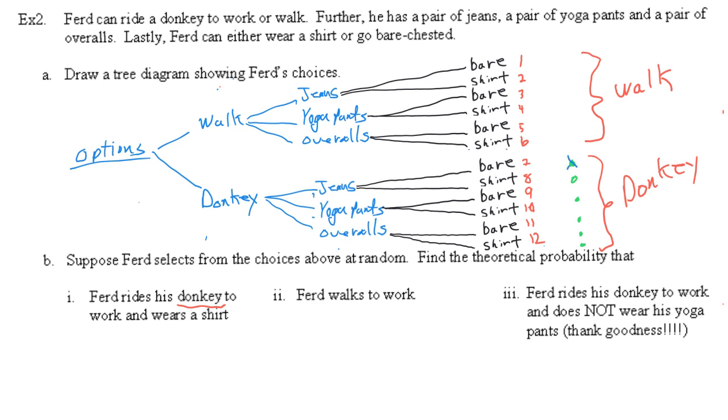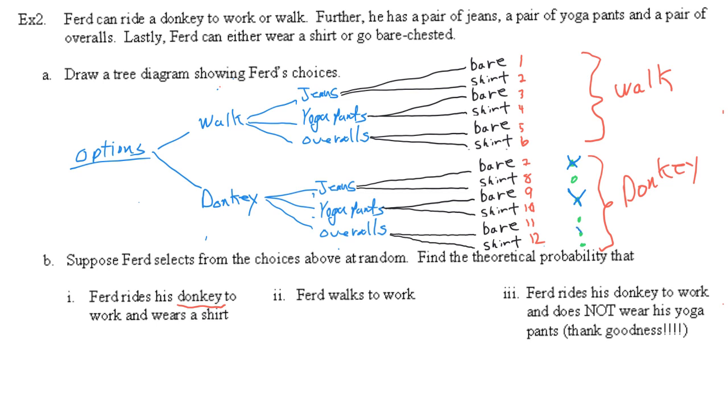So this top one, number 7, is gone. This one here is also gone. This one here is also gone. And then 1, 2, 3.